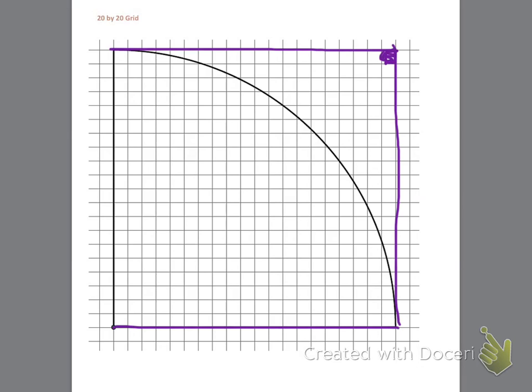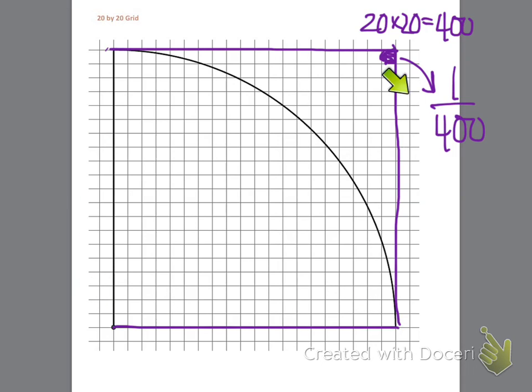Well, 20 times 20 is equal to 400. So each of those little squares is 1/400th of a unit squared, because this whole big square is 1 square unit. So each of these little ones is 1/400th because there's 400 altogether.